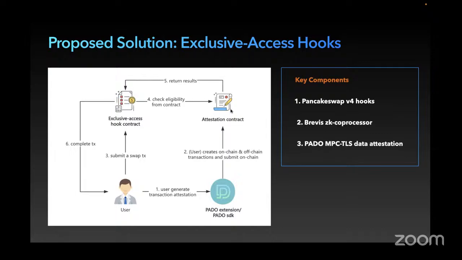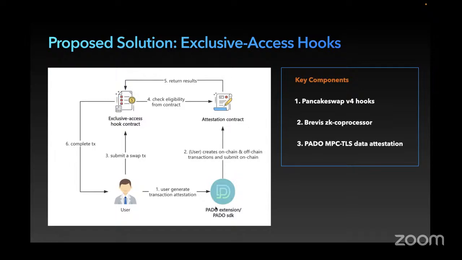If the result returns true, the hook contract lets the user proceed with the operation, like adding liquidity or making a swap transaction. Then the problem becomes how we can build such an attestation-based solution.